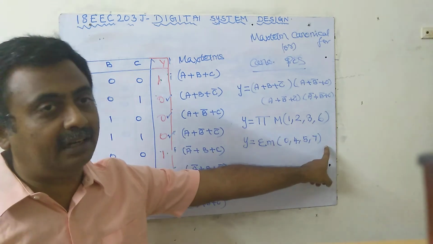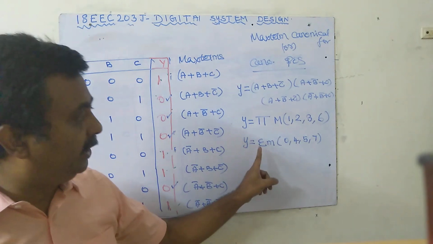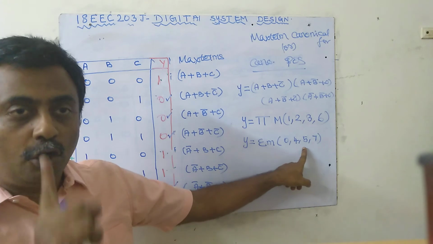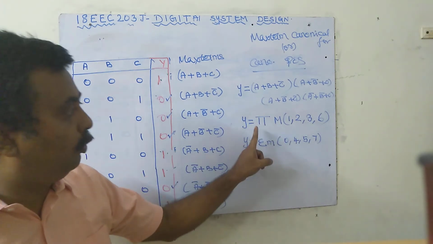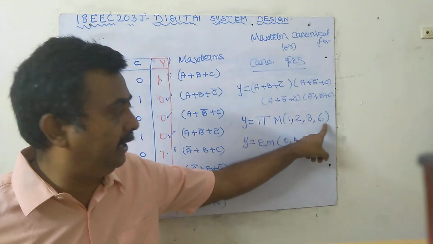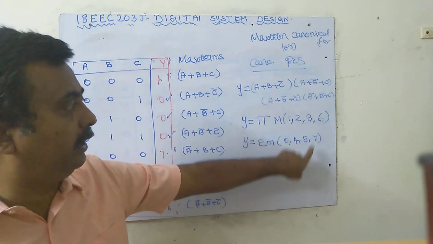If it is sigma, it means min term, so in this decimal combination I should get output 1. If given pi, it means max term, so in this decimal combination I should get 0.